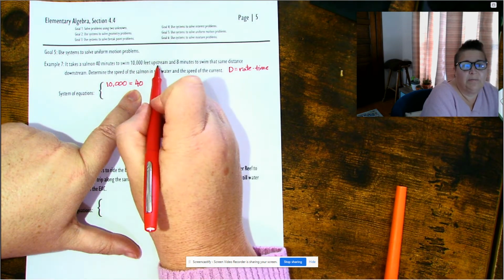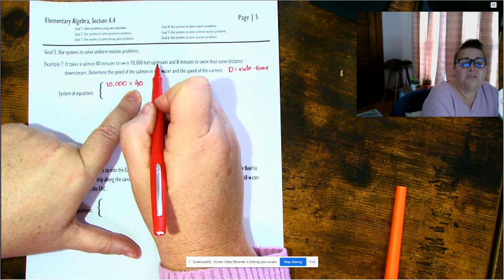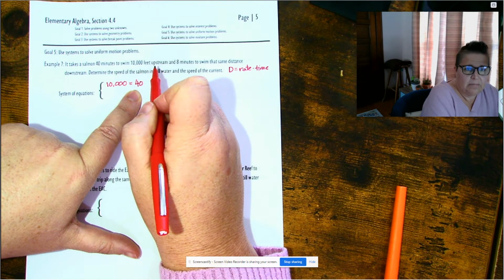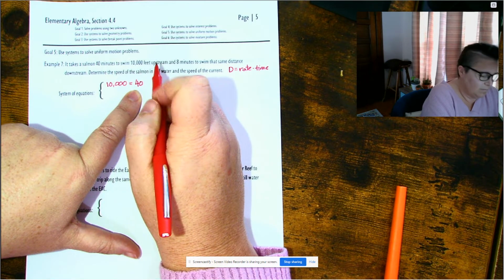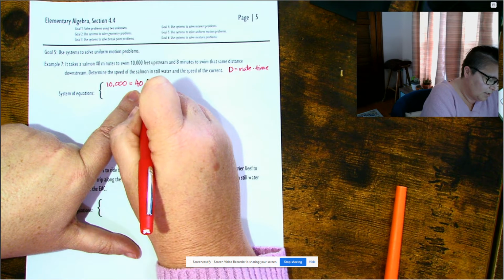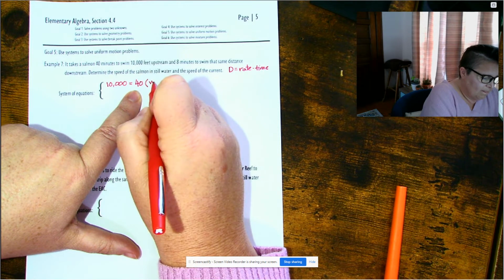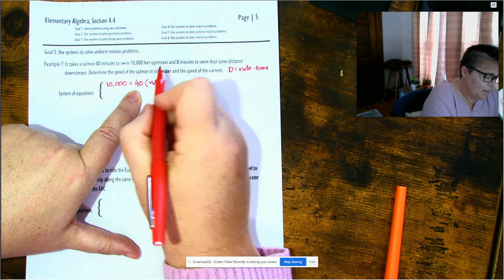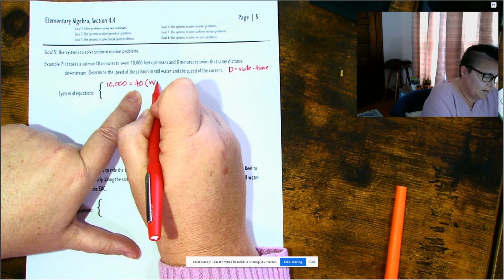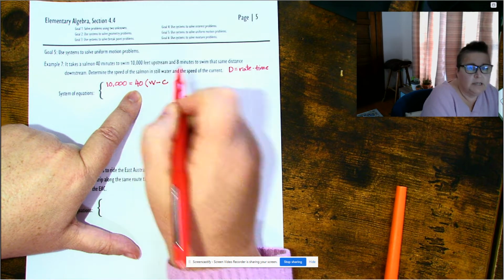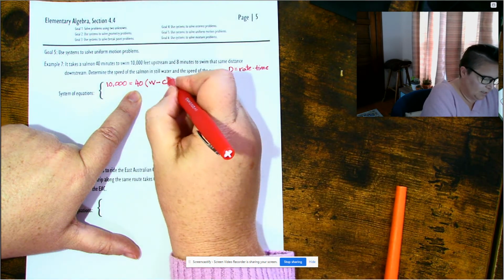And if we're swimming upstream, swimming upstream means we're going against the water. So whatever speed we are, it will be our speed in the water minus the current, because the current is working against us.